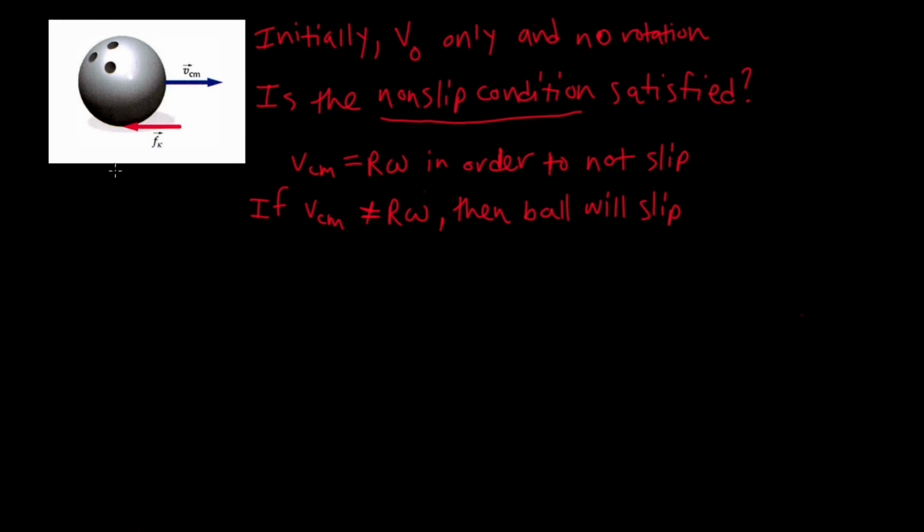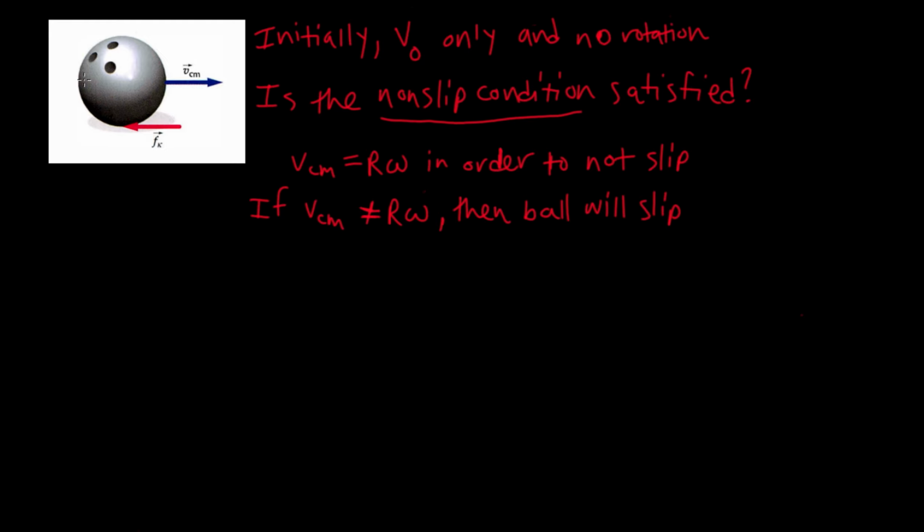So in this case of the bowling ball that has an initial velocity but no rotation, is the non-slip condition satisfied, or in other words, does it hold or not? Let's look at this.